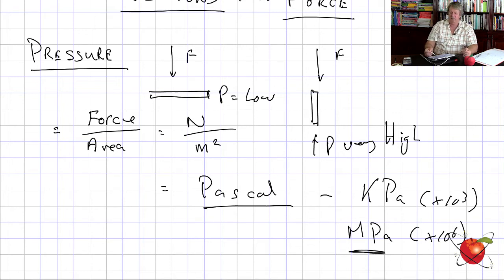Kilopascals usually, or hectopascals very often, is air pressures and things like that, okay? So what we're doing is we're measuring these units of pressure in Pascal, okay? Unfortunately, we've got to go through all of these little bits and pieces. Let's have a look at the next one.